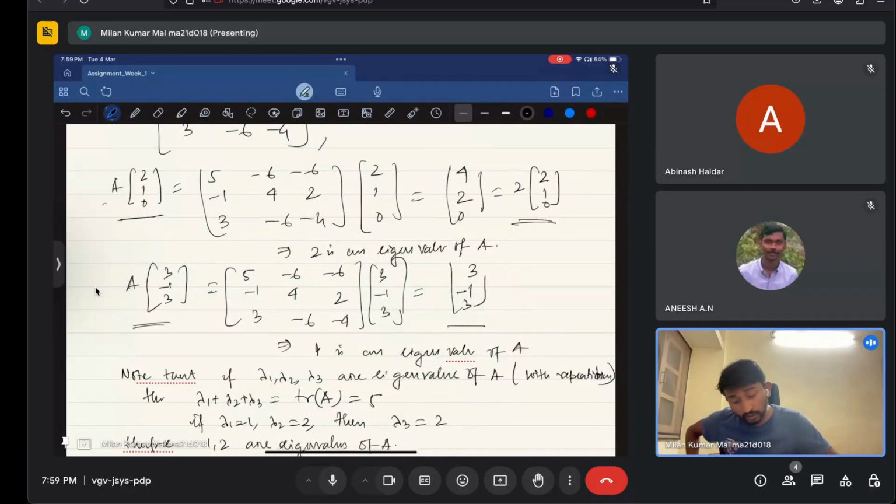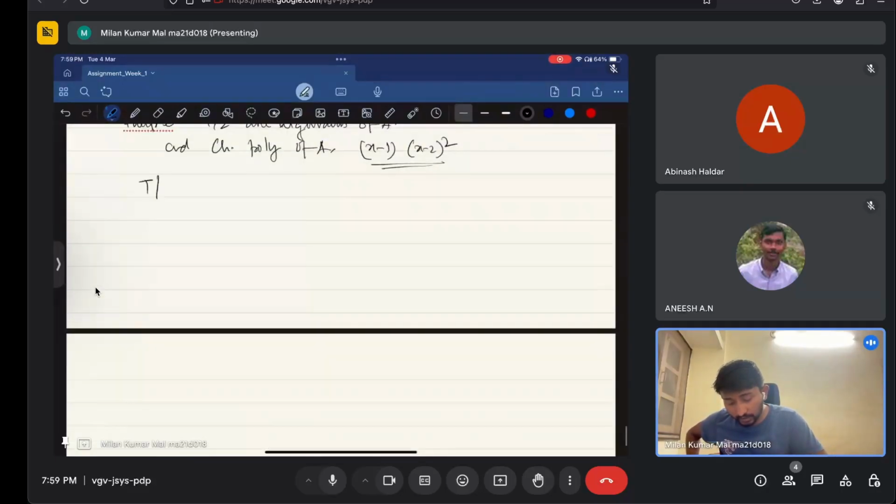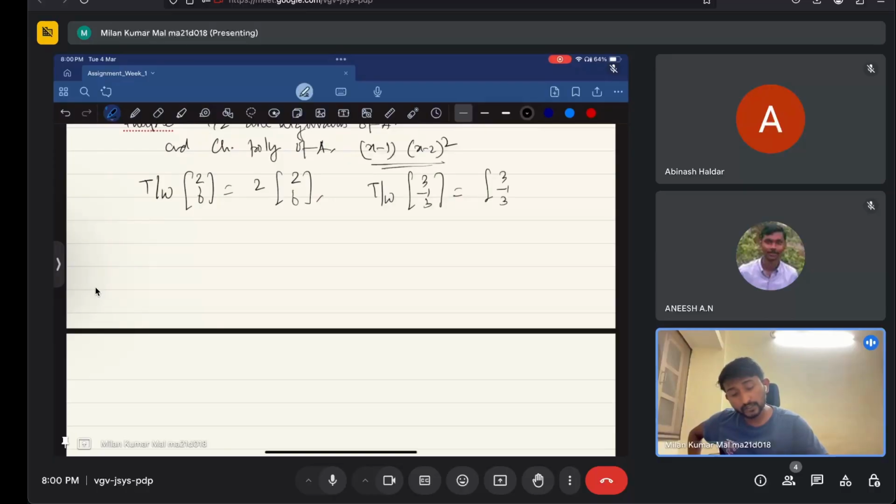So therefore T restricted to W, on (2, 1, 0), is giving 2 times (2, 1, 0), and on (3, minus 1, 3) it is again (3, minus 1, 3). So these are the two eigenvectors corresponding to T restricted to W as well.